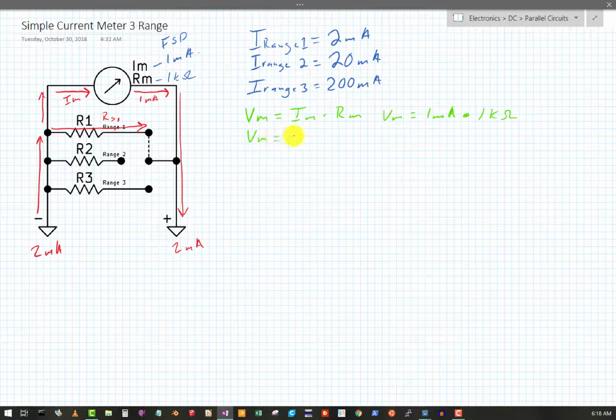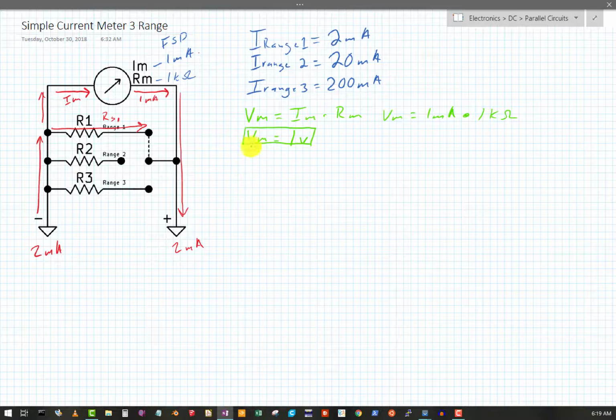So V meter turns out for this meter to be 1 volt, and it'll always be 1 volt for this meter with these characteristics. In my parallel network here, I've got R meter in parallel with R1, and that entire network sees 1 volt at full scale deflection.